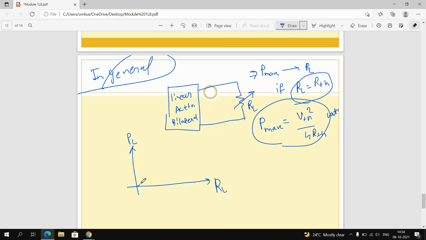You will see that this is the maximum power delivered to that load, and this occurs only when your load resistance is equal to the source internal resistance, or Rth, and this is your Pmax.